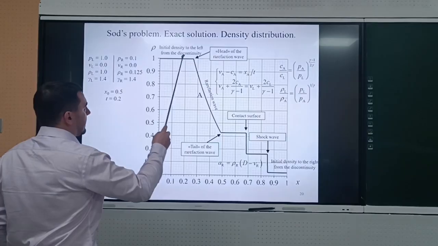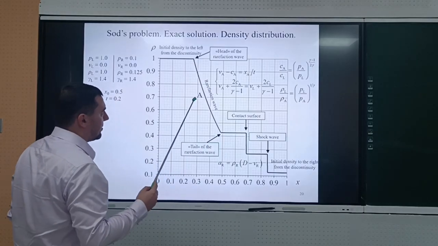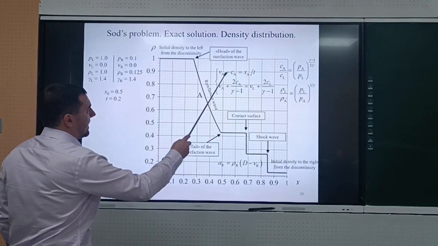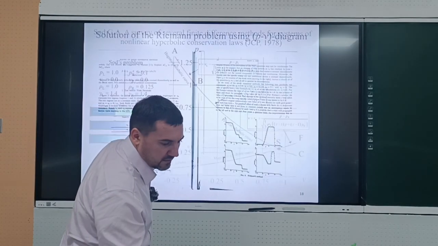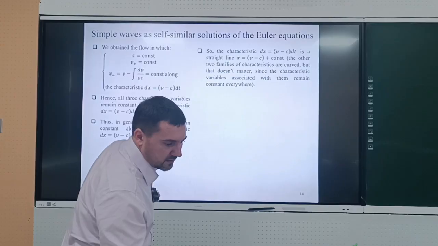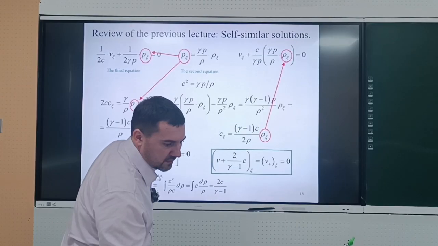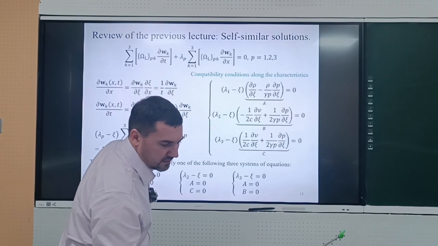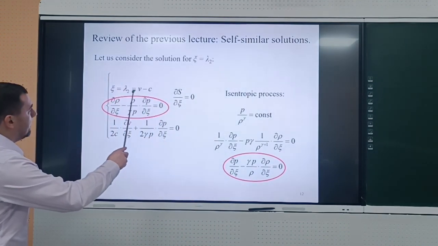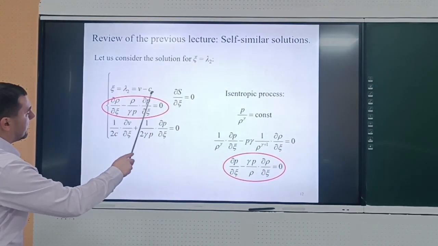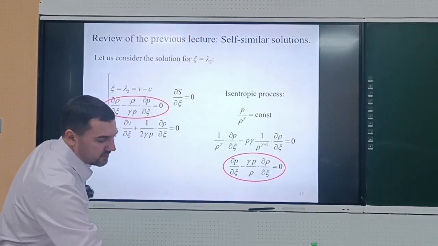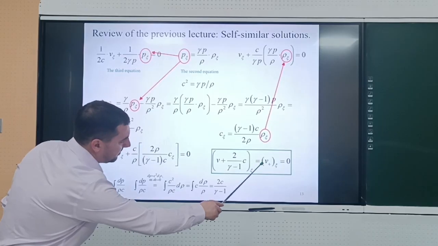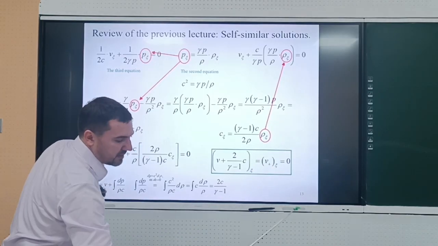We know that this is a simple wave, and inside the simple wave, V minus C equals psi, ds over dpsi equals 0, and this is equivalent to V plus 2C over gamma minus 1 being constant.